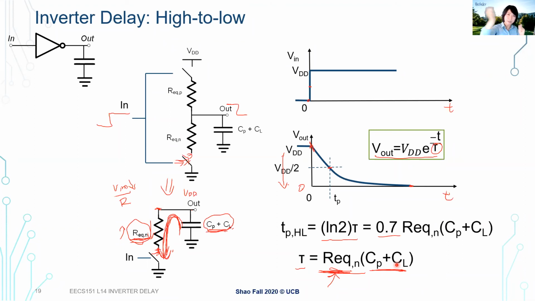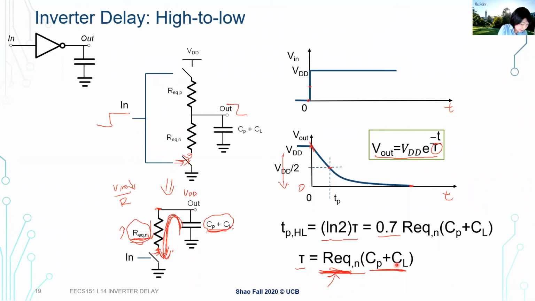We need to move the charge, and the rate of moving charge is the current. So if the resistance is higher, the current is lower, and it takes longer to discharge. That's why resistance is here. Similarly, if I have a bigger capacitor, I'm storing more charge there, so it also takes longer to discharge my circuit.